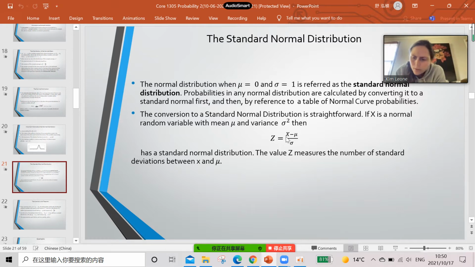Square root. 4.937. Oh, I got that. Okay.